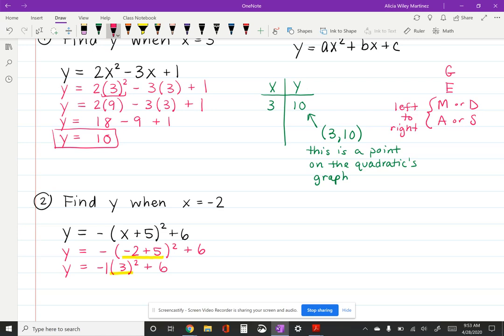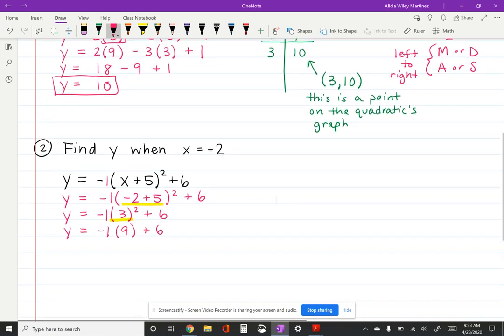So it might not be a bad idea to put that 1 there, maybe even at the beginning of the problem, so that you remember you need to make sure to square and then multiply by the negative, which essentially is a negative 1. So doing the exponents, I get negative 1 times 9 plus 6. Then we have multiplication before addition. So we get y equals negative 9 plus 6. So I get y equals negative 3.